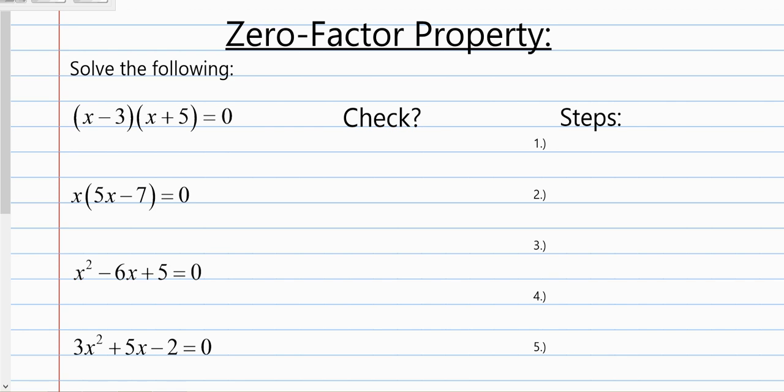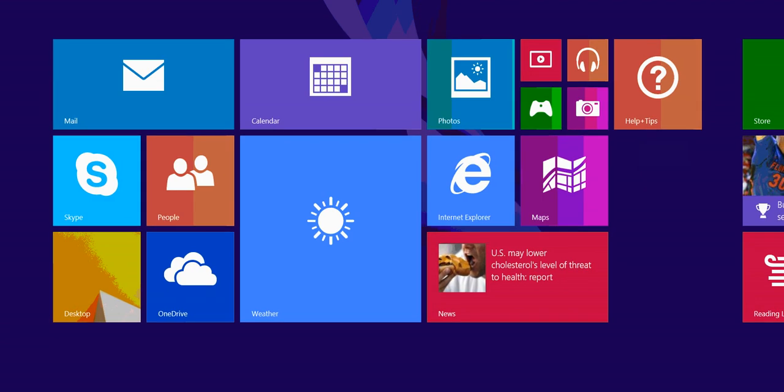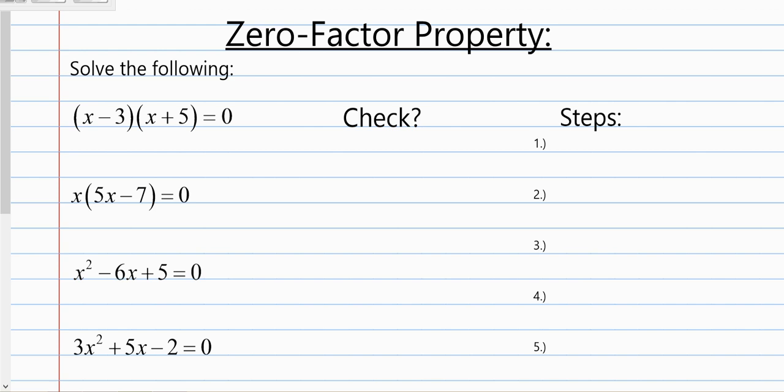So remember that if you see the word solve, what that means is find the variable value. So on this slide, we're looking for the x values.